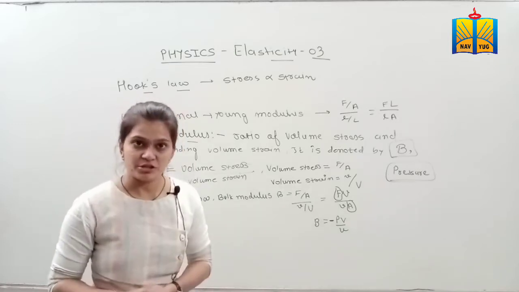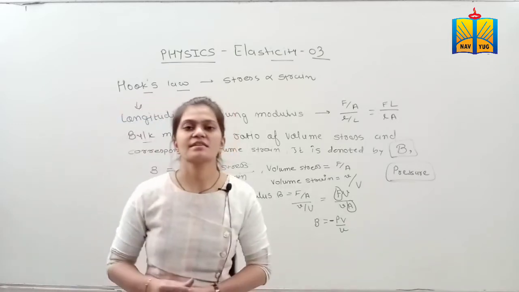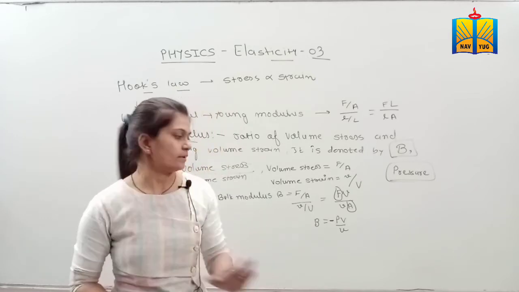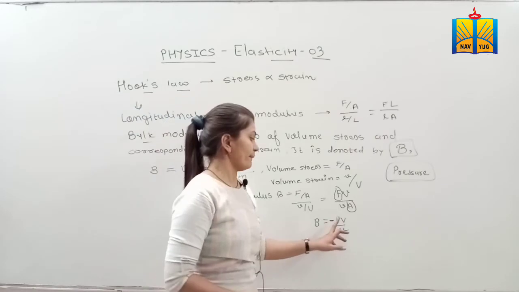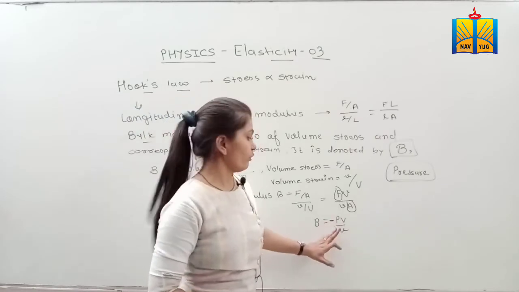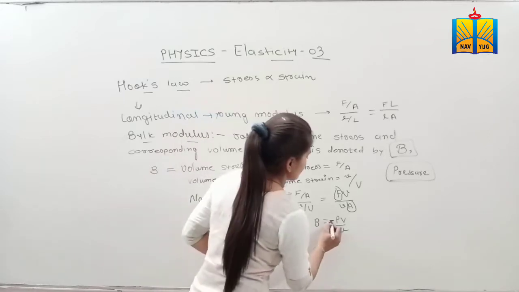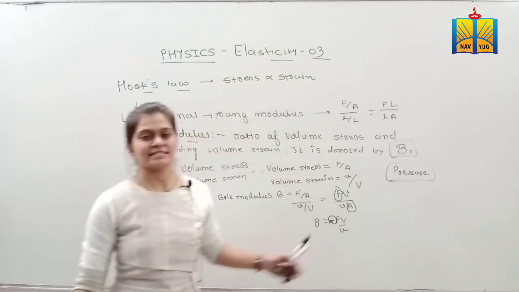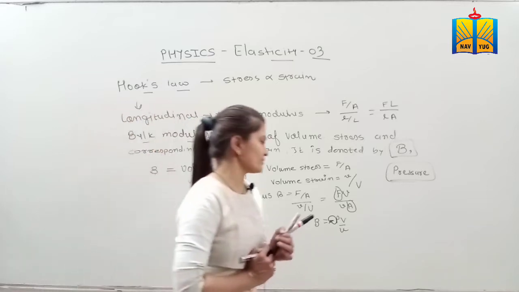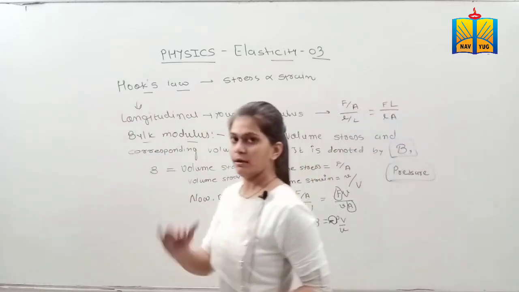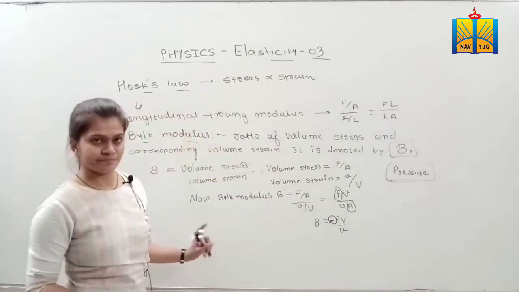When you apply pressure, the volume necessarily decreases. When you apply pressure, the volume decreases. That's why this sign shows decrease. Okay, this sign is used just to show the decrease. The negative sign shows that pressure is applied, so for bulk modulus, the volume has decreased.